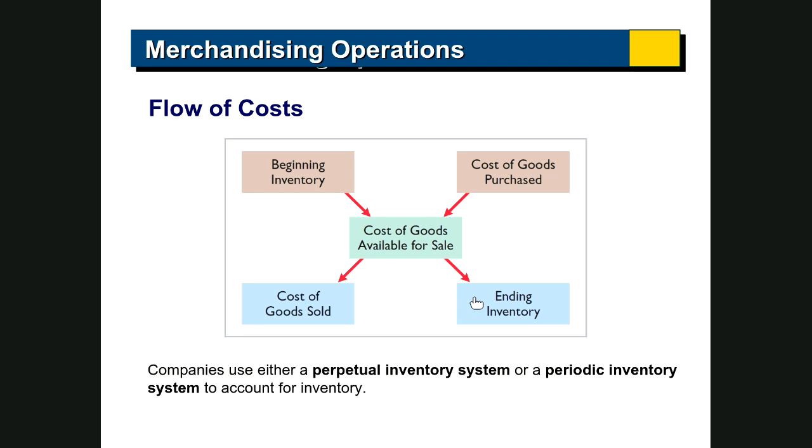Now, there are 2 ways of doing the accounting for inventory. The first one is called perpetual inventory, and the second one is called periodic inventory. Perpetual inventory is the one that we have done.